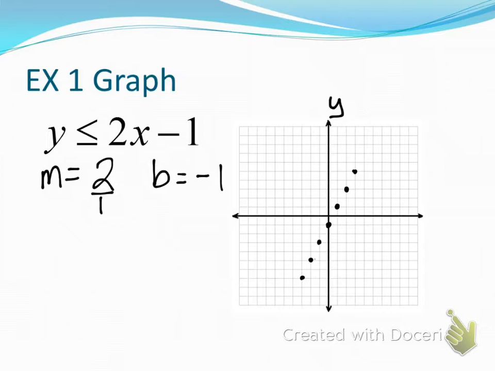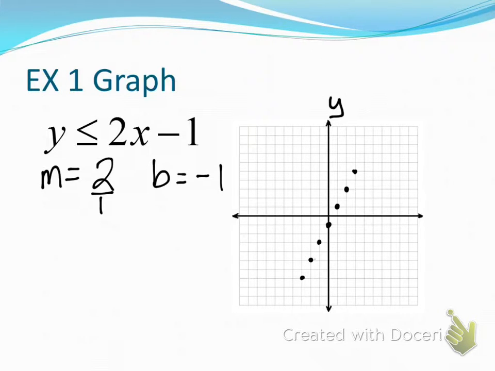Now this is when it gets a little bit different from what we've done before. When we go to actually graph the line, we have to pay attention to if we want a solid line or a dotted line. In order to figure that out, we look at the symbol here. If it has the equal to bar, what kind of line do we use? Solid line.